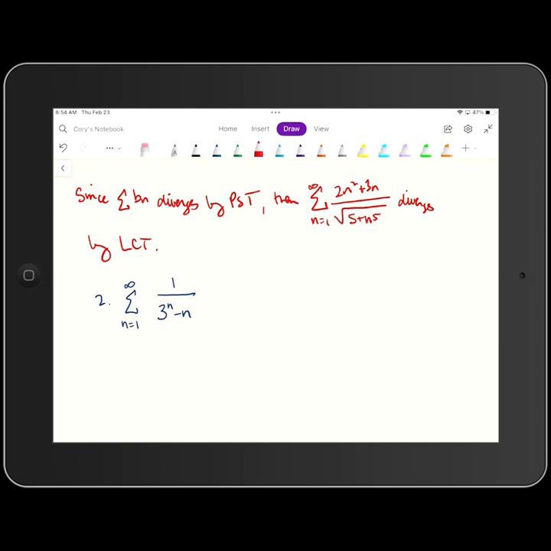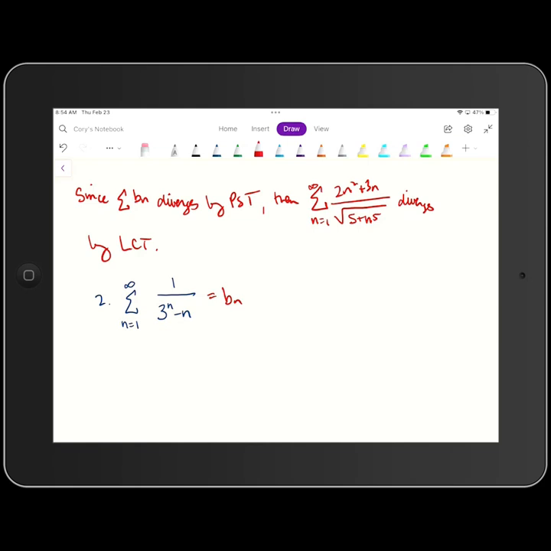All right, so let's take a look at this. I'm going to have this given series be my b sub n. Every single term in this series b sub n is going to be greater than or equal to 0.